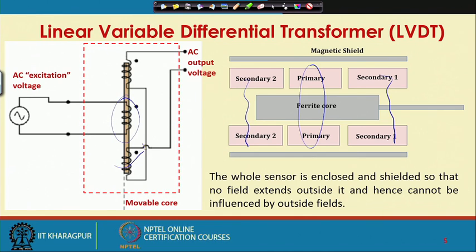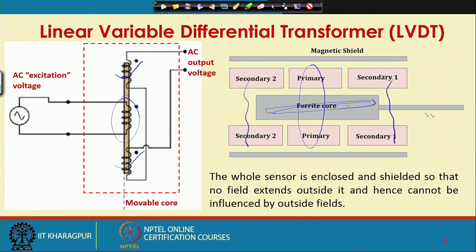This is the soft iron core, or ferrite core, that provides magnetic coupling between the primary coil and the secondary coils.